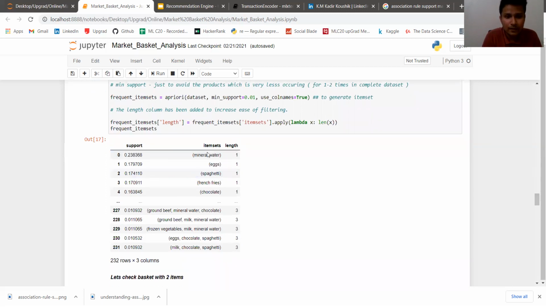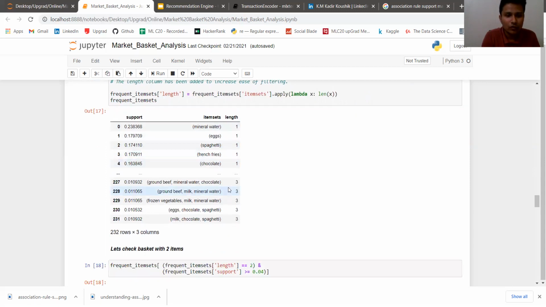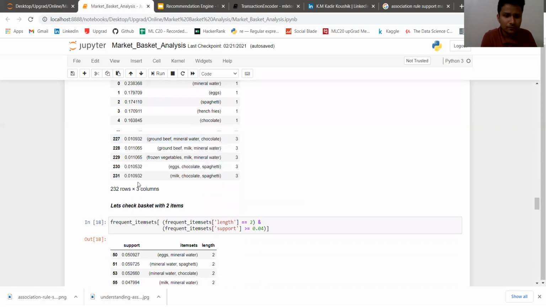Here you see that the support values for mineral water and eggs are quite high, as we have seen before that they are the most purchased items. We also see a basket with multiple products: ground beef, mineral water, chocolate. The length of the basket is 3, and we have 1.09% of support.